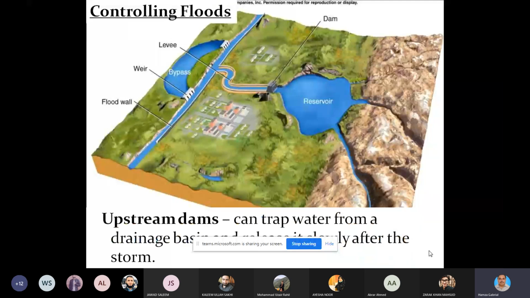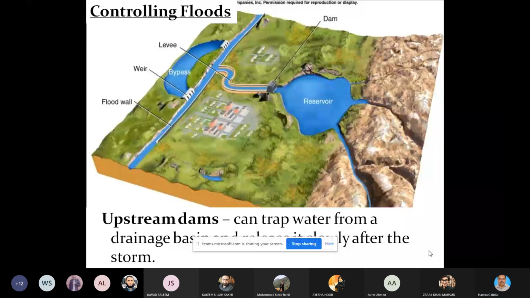We can construct reservoirs on the upstream side, which can trap or retain water, and the surplus water can be stored in those reservoirs, and can be released at the time when there are low flows and there is a requirement downstream. So one way to mitigate the effects of floods is the construction of reservoirs in order to store the surplus water.